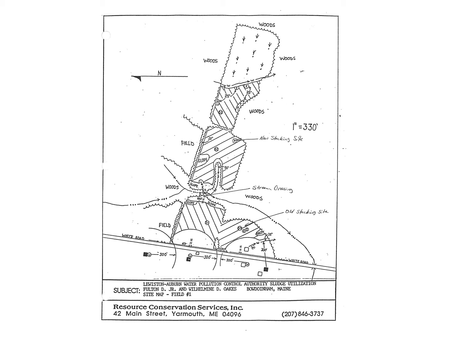There are also setbacks from perennial and intermittent streams. You have to set back or not spread on areas where the slope of the land is too great. You can see there are a couple stockpile locations on this field that are designated on the map. There's also some wet soils up in the upper right-hand portion of the slide where there are some setbacks.